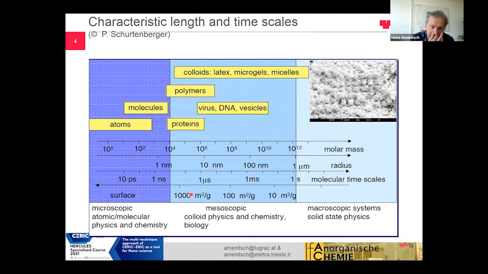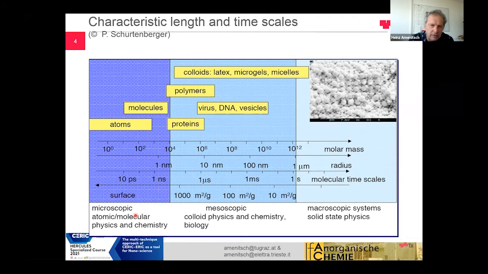If you now look at examples, here you go from atoms, molecules, proteins, polymers, colloids, viruses, DNA, vesicles. These are the topics you can usually cover by small angle X-ray scattering. And if you combine wide angle scattering and small angle scattering in a single experiment, you can really cover everything from the atomic structure up to the supramolecular envelope in one shot.